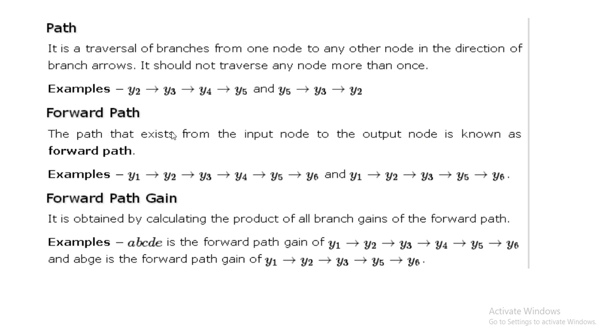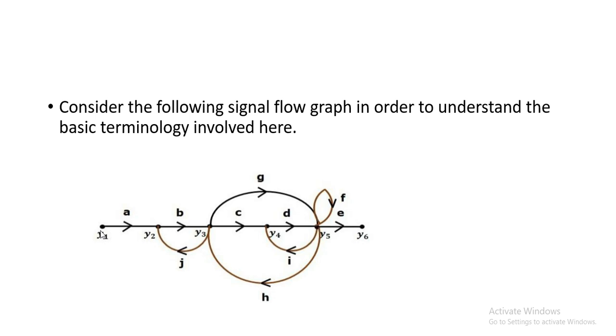If you see here, y1, y2, y3, y4, y5, y6 is one path. In between all these nodes there is an arrow, and it is coming from the input and going towards the output. That's why this can be called a forward path.